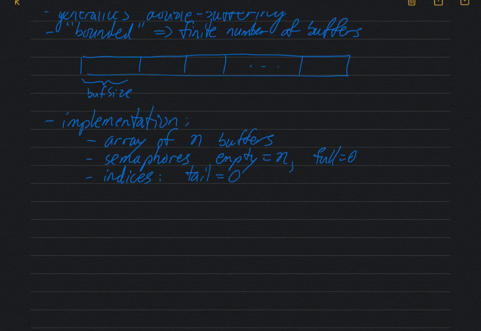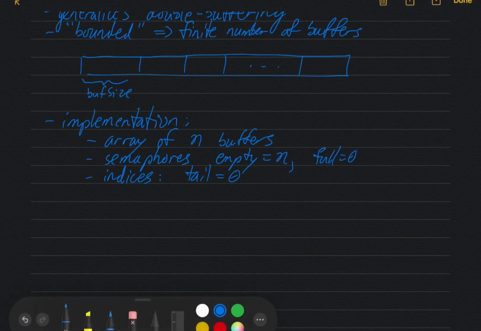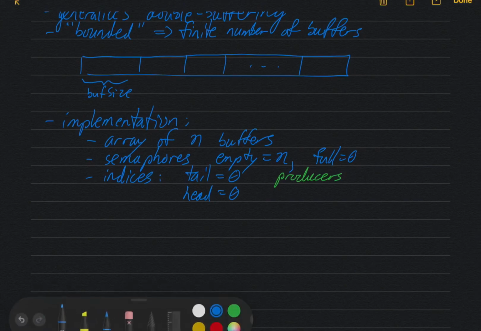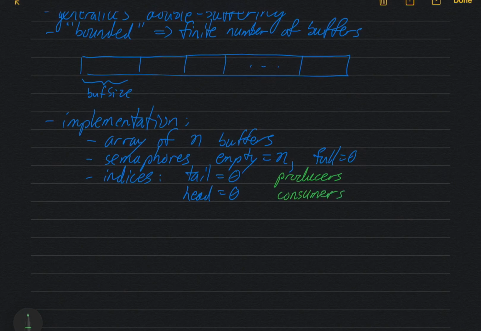So that's the tail index will be 0, and that is for producers, and you remove from the head of the line, or you get served from the head of the line, and again they're going to both start at 0, and that will be for your consumers to use.